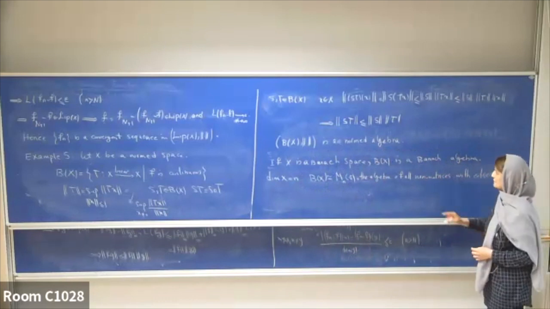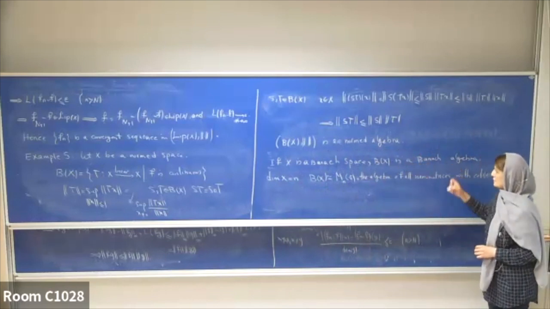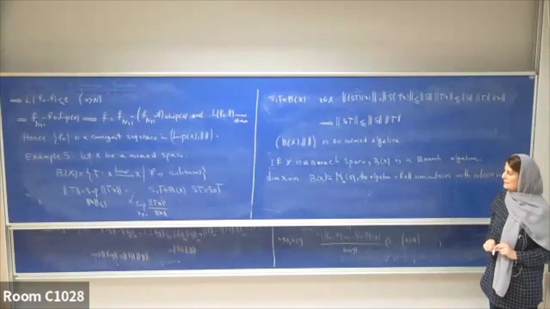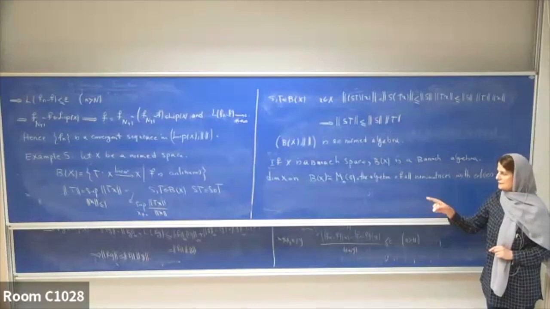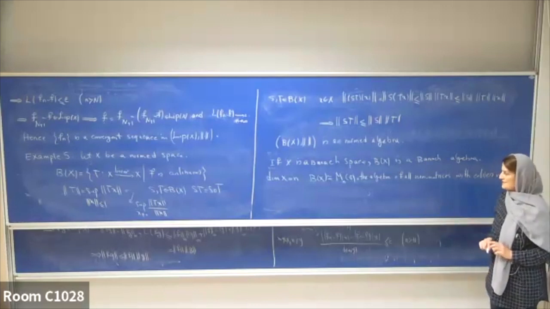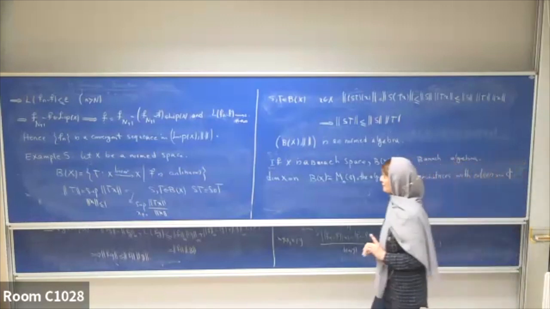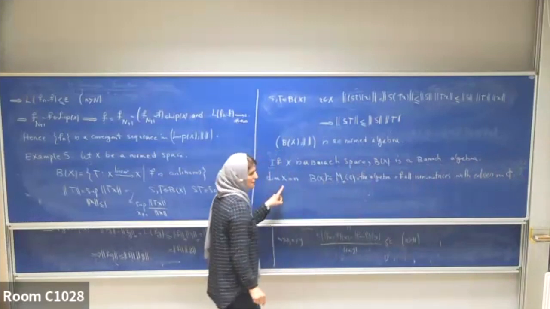And this is, of course, B of X is a unital Banach algebra. The unit element is the identity operator, and the identity operator has norm 1, and so it's unital, but not necessarily commutative. It's commutative if and only if dimension of X is 1.